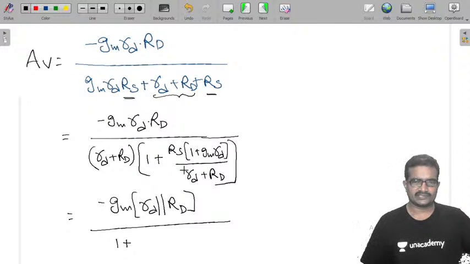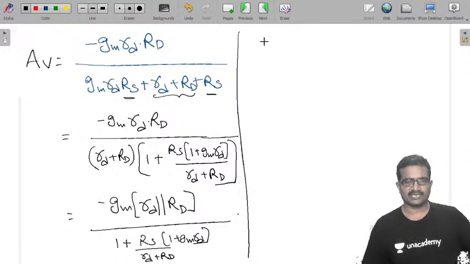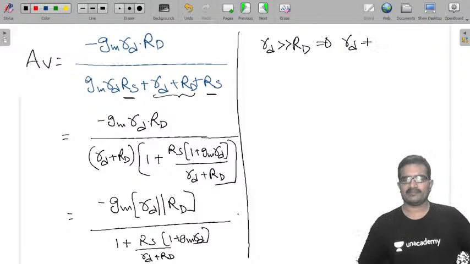Now see, RS into, okay, now RS by rd plus capital RD into 1 plus gm rd. Here I am taking one assumption. Now here rd is much greater than capital RD. So from this, rd plus capital RD can be written as approximately capital RD, and at the same time gm into capital RD, because rd is very high, is much greater than 1.